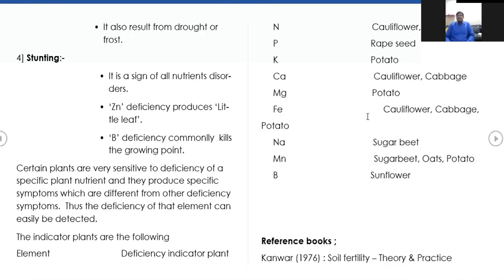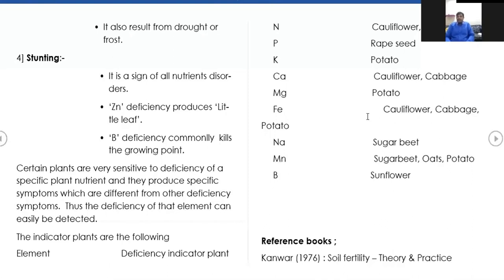Rapeseed is another plant which shows deficiency of phosphorus. For potassium, the indicator plant used is potato. For calcium, cauliflower and cabbage are used. For magnesium, potato is used. For iron, cauliflower, cabbage and potato are used for marking deficiency.